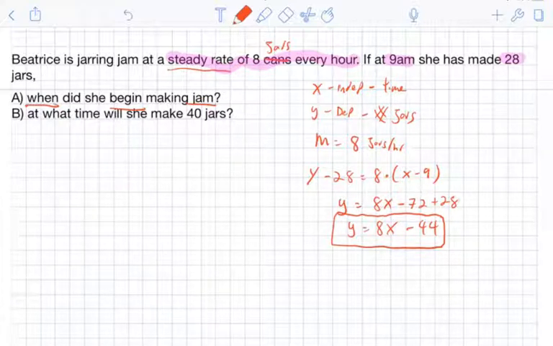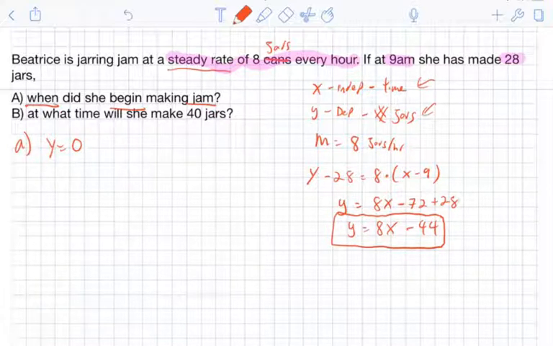Well, y in this case is the number of jars of jam, and x is the current time. So when she began making jam, the number of jars she had on the table was 0, right?